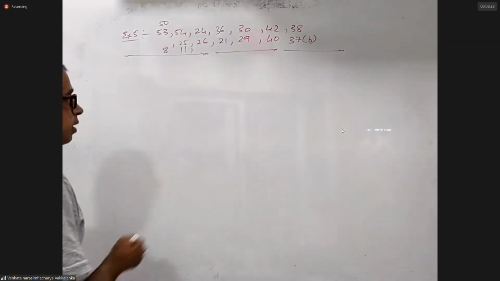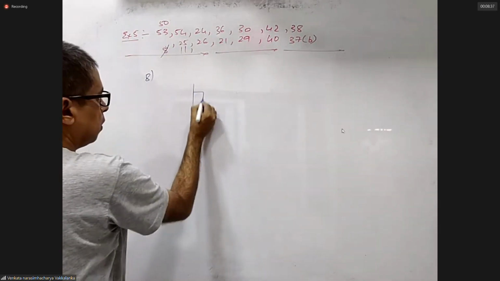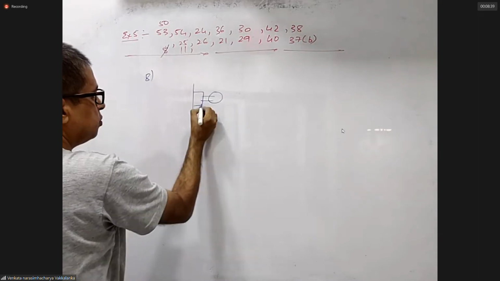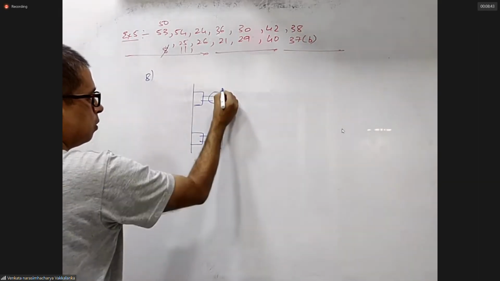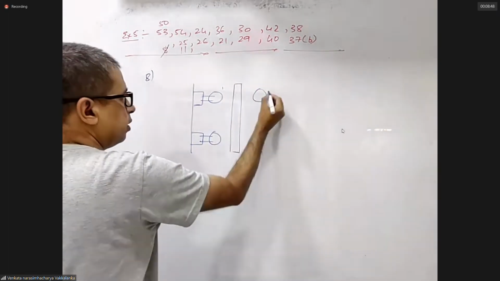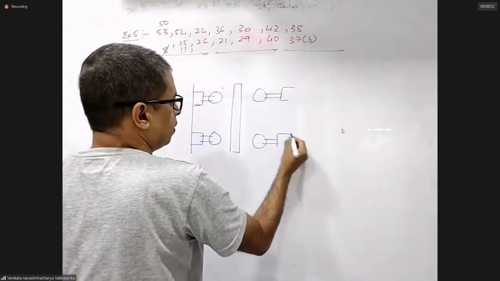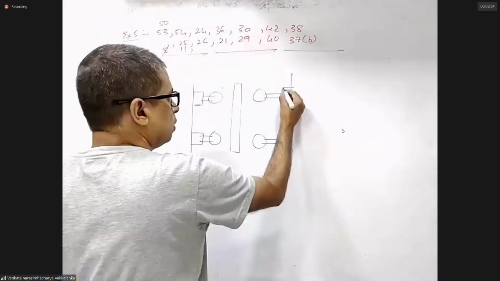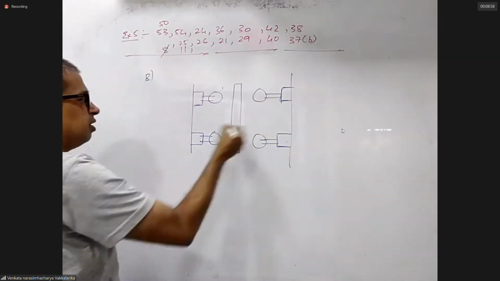Eighth question. This is the rod. I'll draw the rod a bit separate so that you can draw the free body diagram here. I always keep forgetting whether these are fixed or moving.